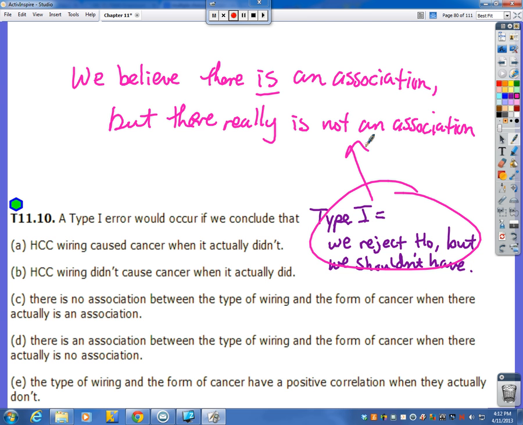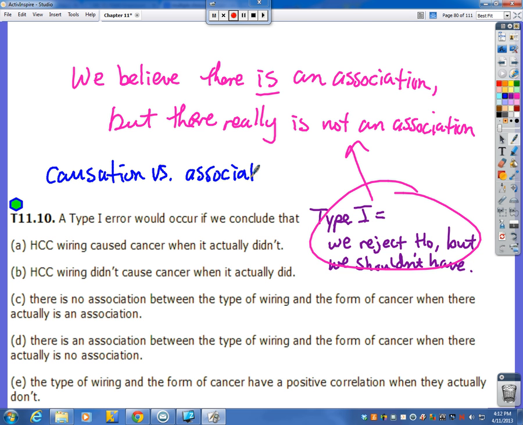So if I look for something very similar to that, neither one of these are really worded in that way. This is saying that it caused cancer when it really didn't. We're not trying to prove that things caused cancer. We're trying to show a link. Causation versus association.